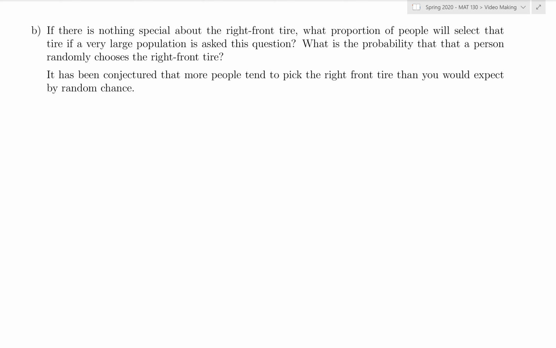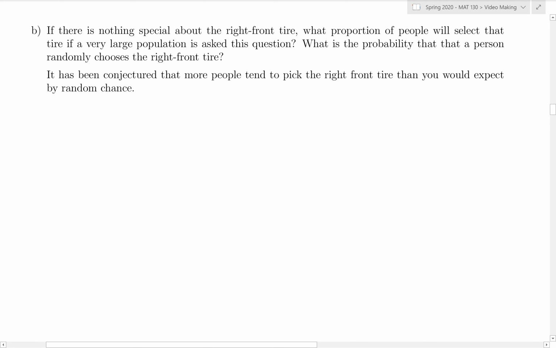In other words, what is the probability that a person randomly chooses the right front tire? Right, so it has been conjectured that more people tend to pick the right front tire than you would expect by random chance.